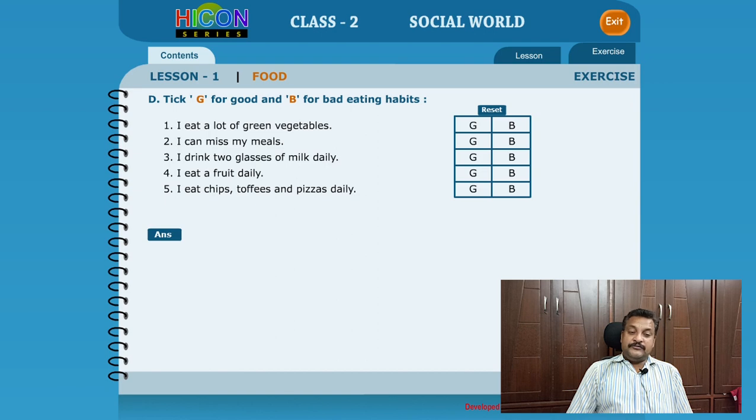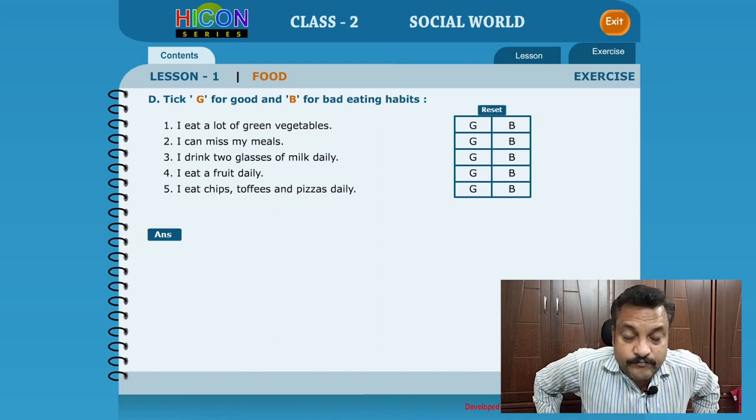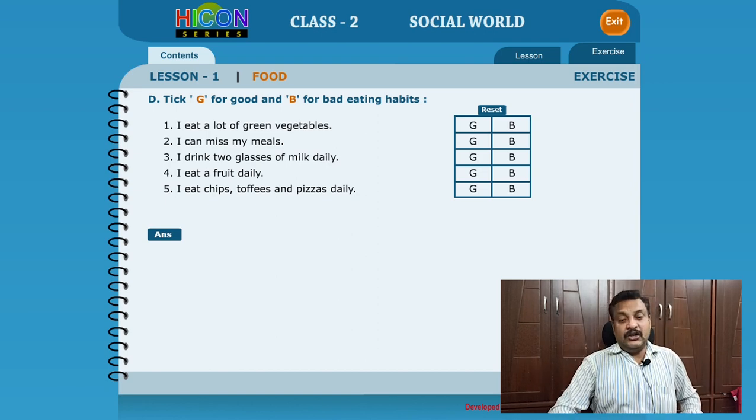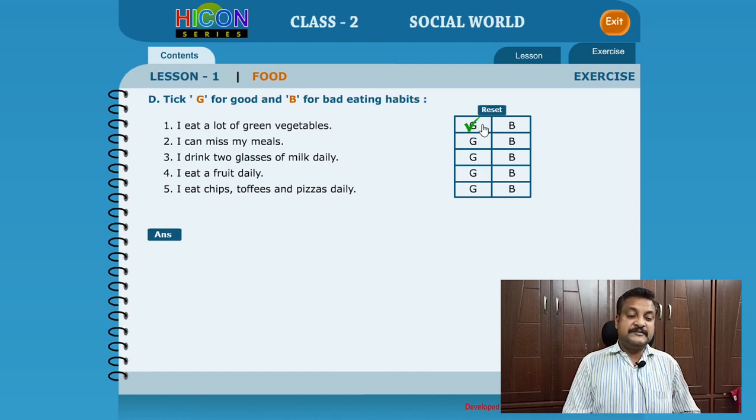I eat a lot of green vegetables. Eating a lot of green vegetables is a good habit, so we click good for that. I can miss my meals. No, isn't it? Because the last point in the good food manners was do not miss a meal.